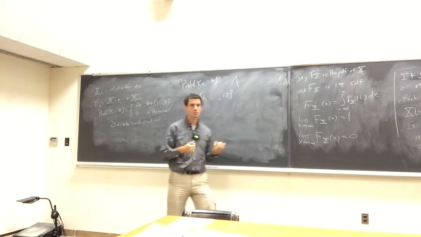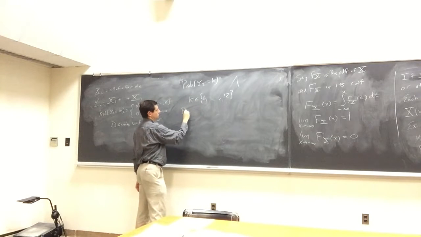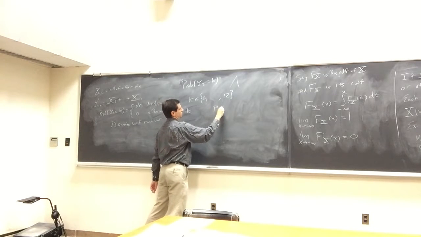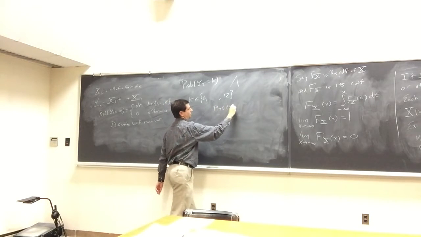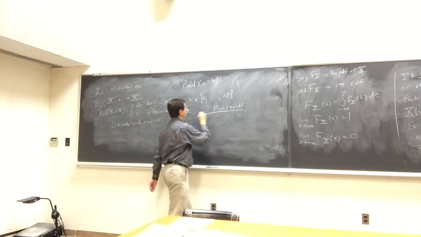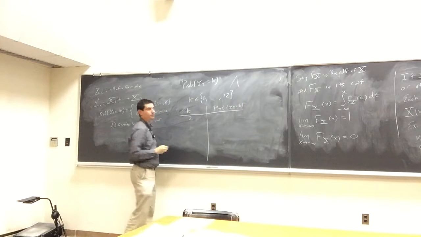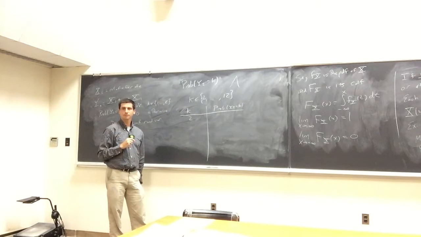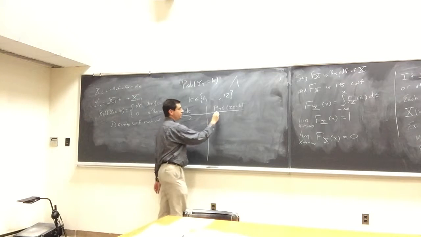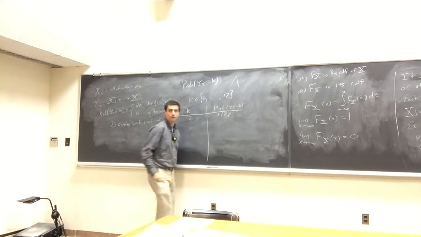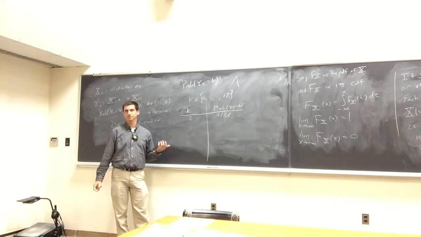So let's do 2. What's the probability of 2? Okay, so if k equals 2, what's the probability? 1/36. We have 36 possibilities, and each possibility is equally likely.